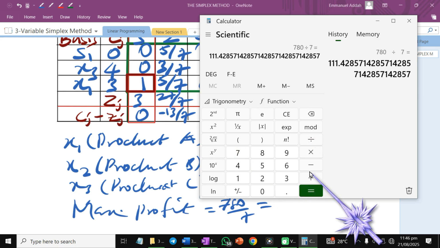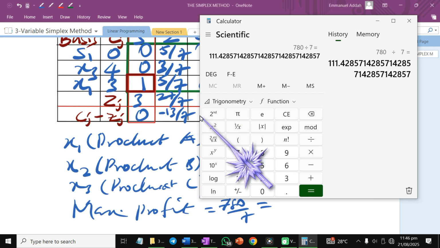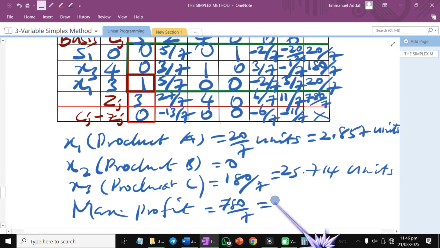That will be 111.429. Let's leave it like that. $111.429.